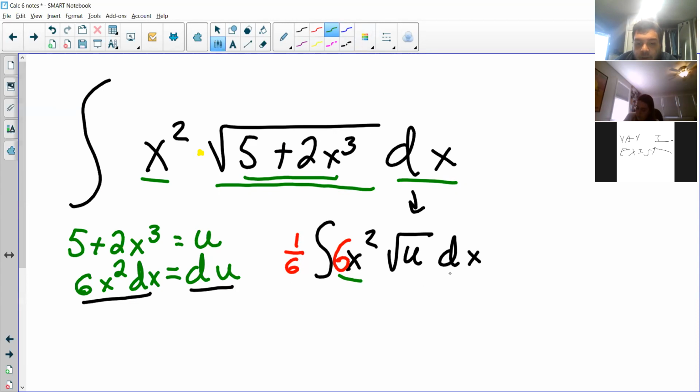Now, 6x squared dx matches exactly with the du we have here. Our integral with a 1/6 hanging on the outside becomes the square root of u du, which is a lot simpler to deal with than this thing up here.